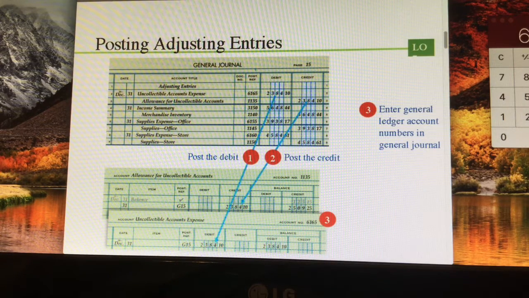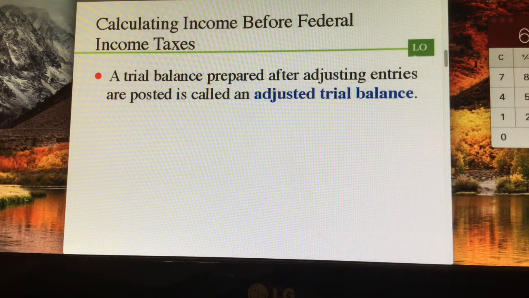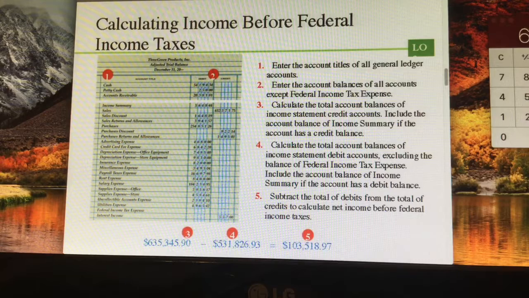This is nothing new. Calculating the income before federal income taxes. So on the trial balance prepared after adjusting entries, we've posted everything. So this is going to create a new adjusted trial balance. It's going to show adjusted entries. So what we're going to have to do is enter all the titles of the general ledger account, enter the account balances, except for federal income tax expense.